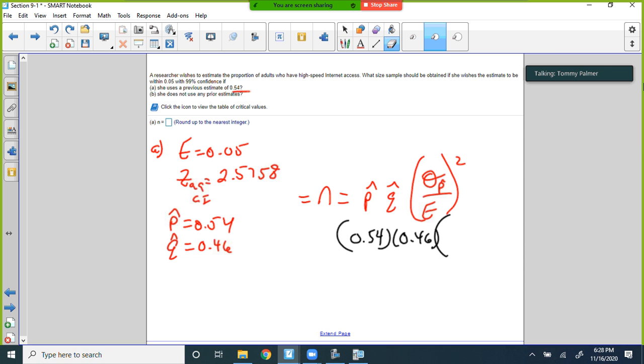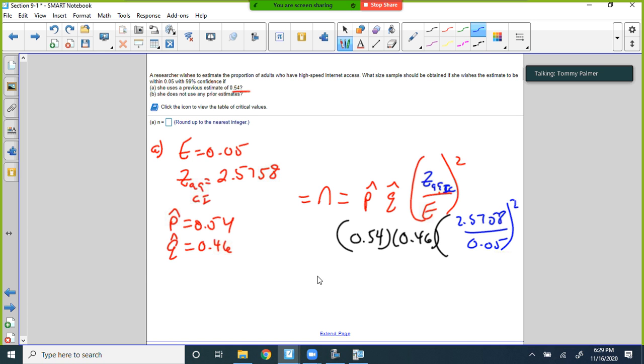My bad. This is my Z, right? Of my 99 confidence interval, right? Boom. So that is 2.5758 divided by this. Boom, squared. Ladies and gentlemen, when you do this, you get N is equal to, get what?